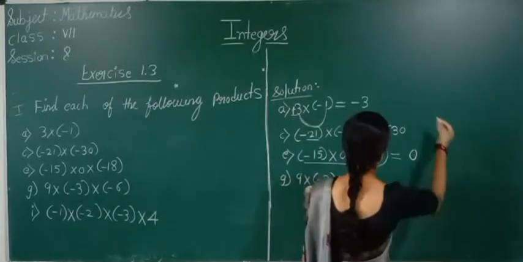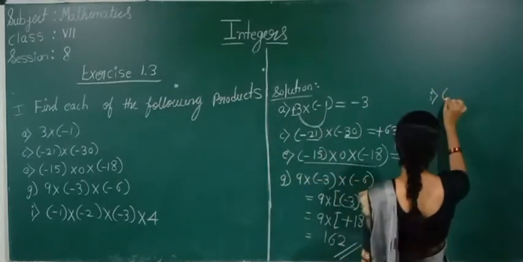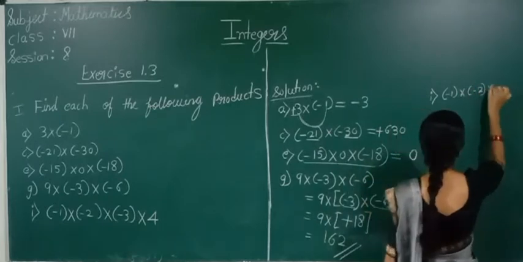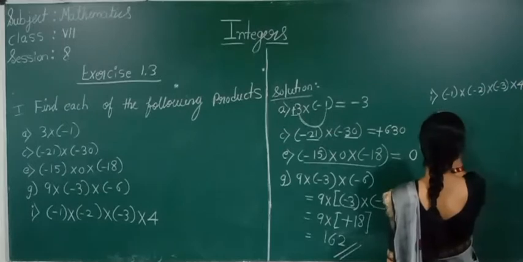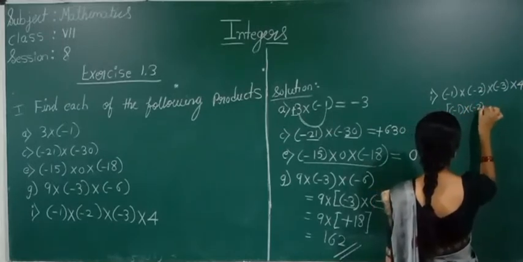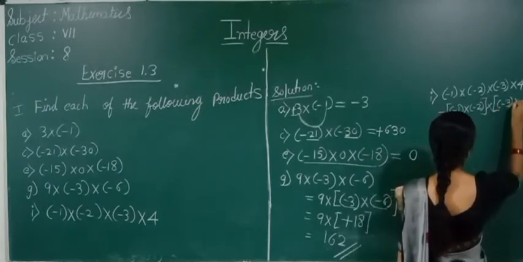Next, I1 we will see: minus 1 multiplied by minus 2 multiplied by minus 3 into 4. So, this can be written as minus 1 into minus 2, I am grouping it, minus 3 into 4.